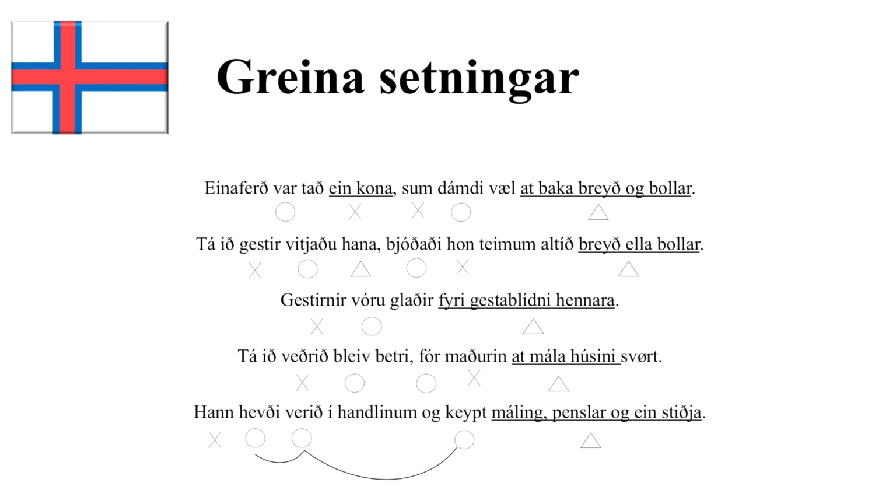And then next we're gonna find ávirki, direct object. And so in the first sentence, once upon a time there was a woman who liked whom, who liked what. That's how you ask. What or whom did you like?